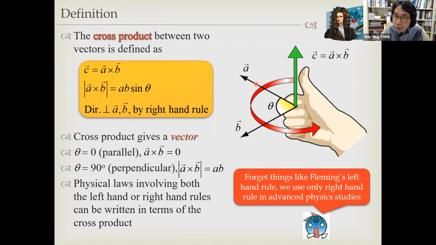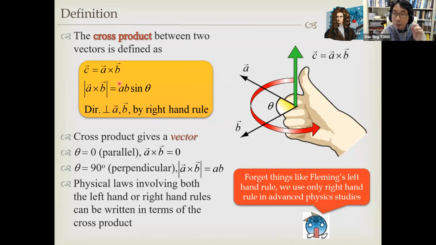If I have two vectors A and B, then the magnitude of the cross product between A and B is AB sine theta, where theta is the angle between the two vectors, and the direction is defined by the right-hand rule. I use my forefinger to curl from the direction of A to the direction of B, and the direction of my thumb is the direction of the cross product.